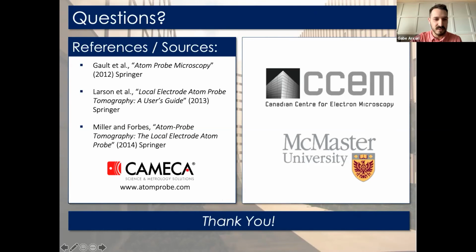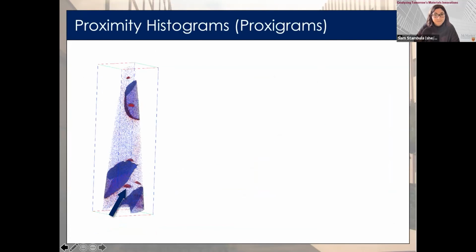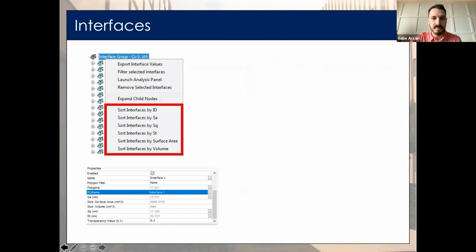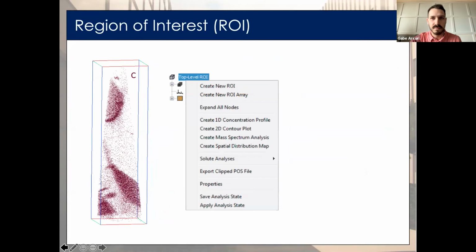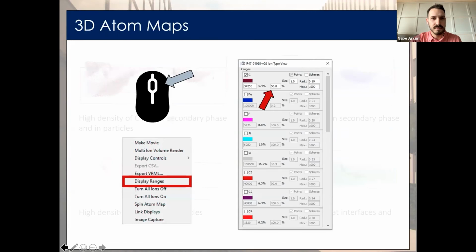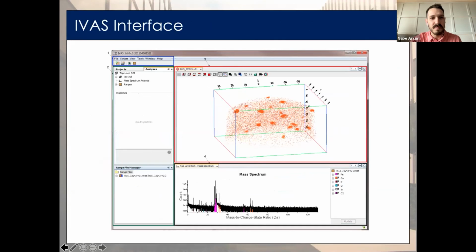When you upload your data, you can select your top level ROI, and you'll be given a whole properties box. And there's a whole bunch of information about your full volume itself.